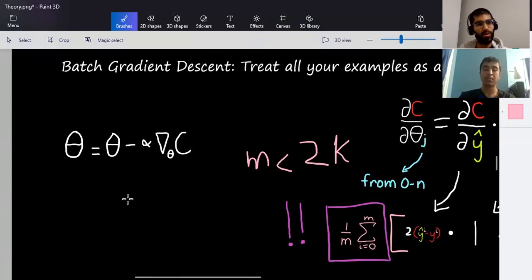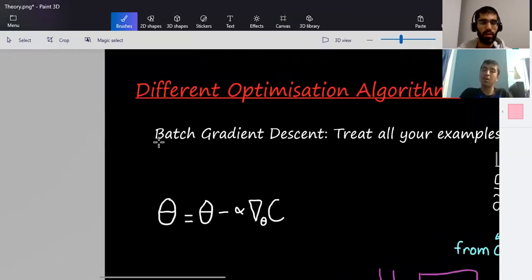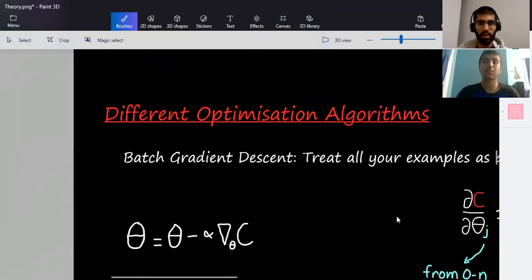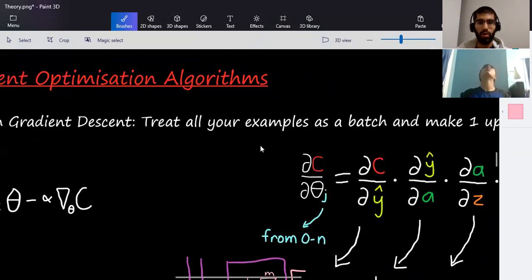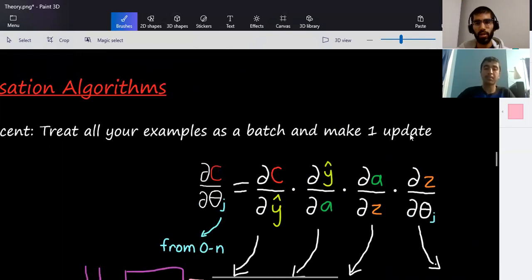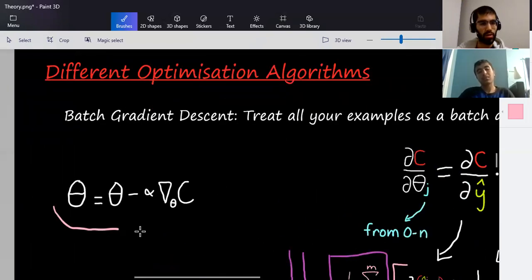The issue is with large data sets. Computationally inefficient is a fancy way of saying it takes just too much processing power to do batch gradient descent, where we go over all of our examples as a batch and then make one update. And we might make hundreds or thousands of these updates. So that's really hard. What's the alternative?